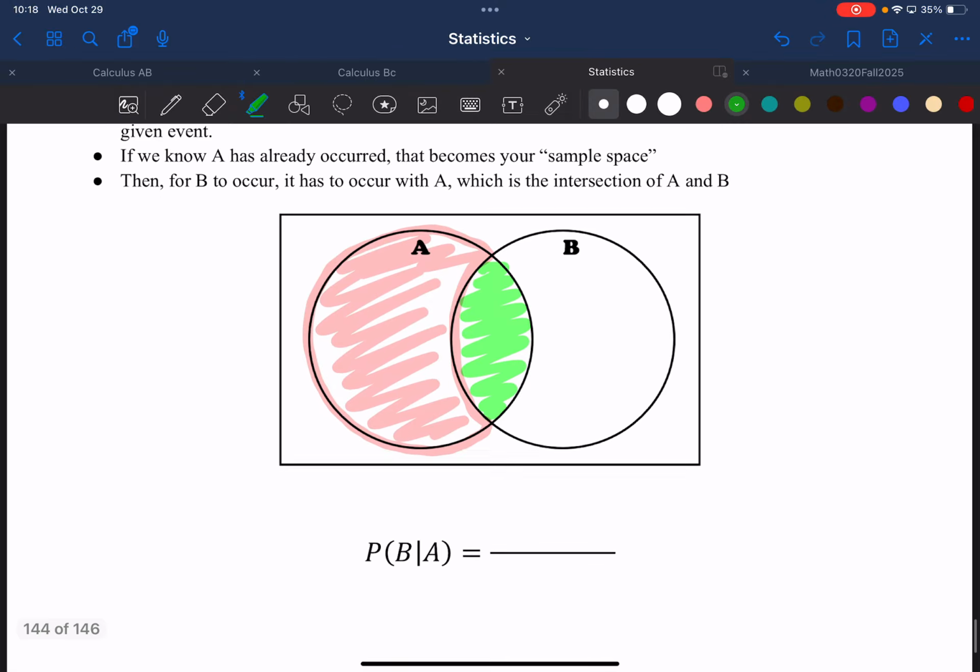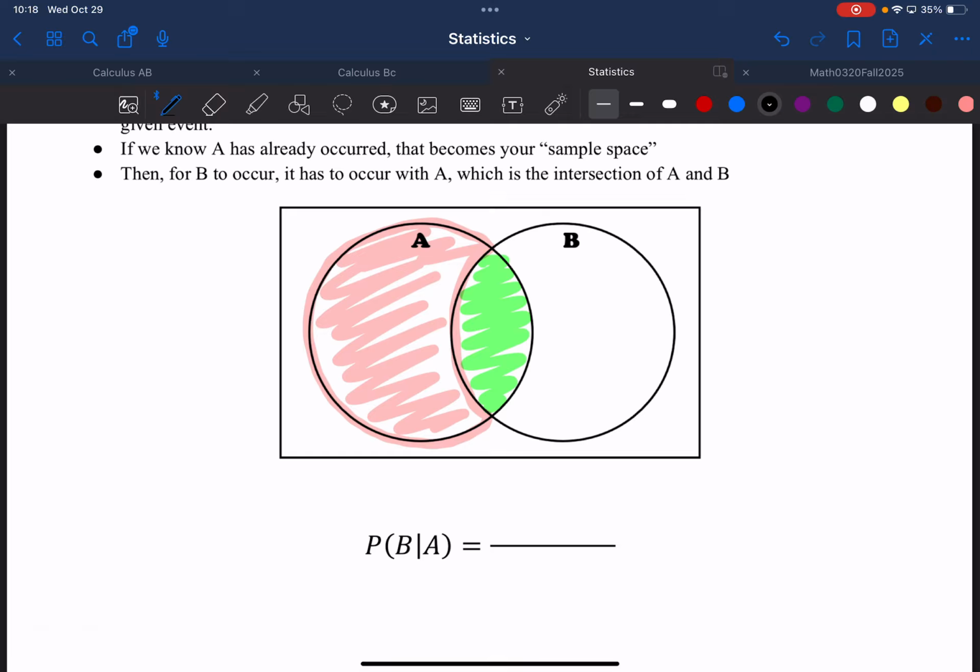If we compare this to our conditional probability formula, the probability of B given A is the probability of A intersection B divided by the probability of A. The intersection was the green. The probability of A is the pink. So when you think of that in the Venn diagram, if it's B given A or A given B, that means it has to be somewhere in that intersection where they both share.